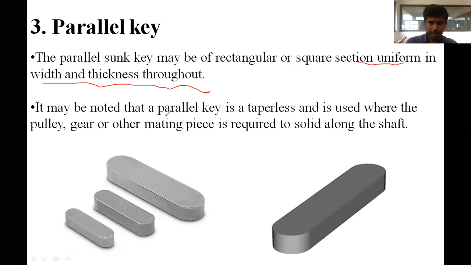It may be noted that a parallel key is taperless, and it is used where the pulley, gear or other mating piece is required to slide along the shaft. It is not tapered, it is a straight one. Parallel or feather key.